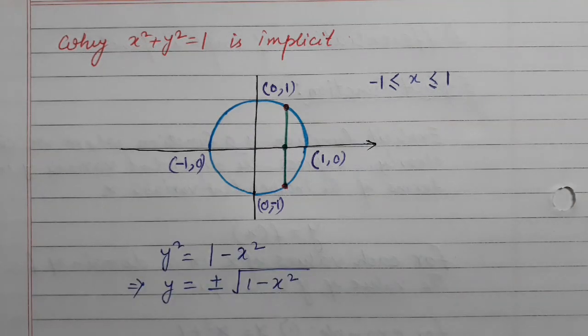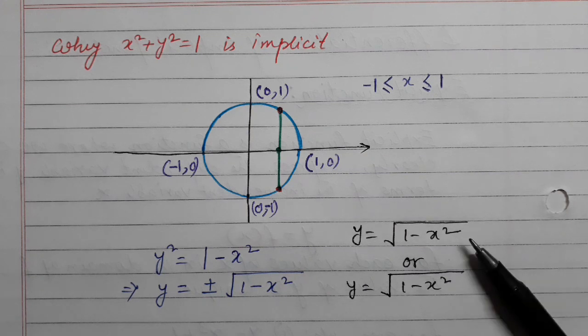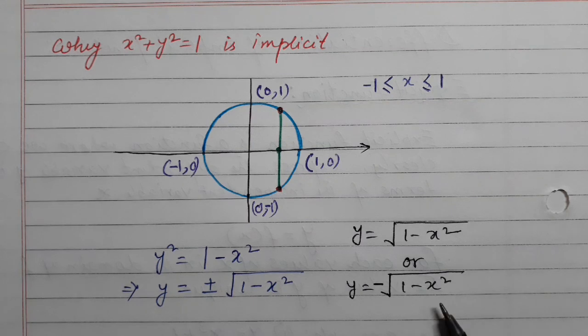And also we can write that if we express y in terms of x, y equals plus minus root over 1 minus x square. Now if we take the value of y as either the positive value of root over 1 minus x square or the negative value of root over 1 minus x square, then the relation will be an explicit function.